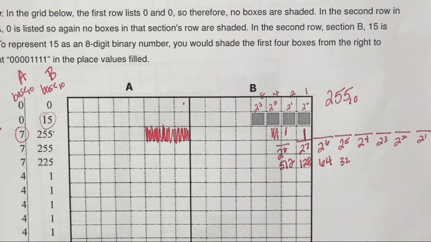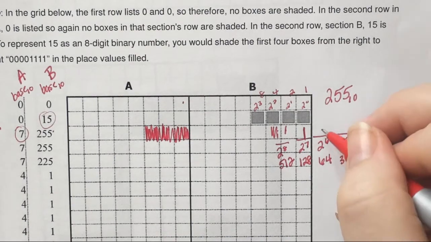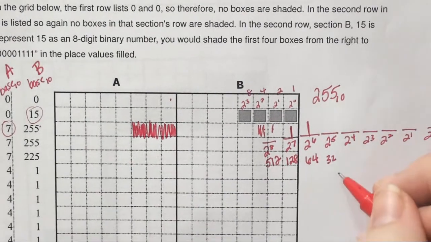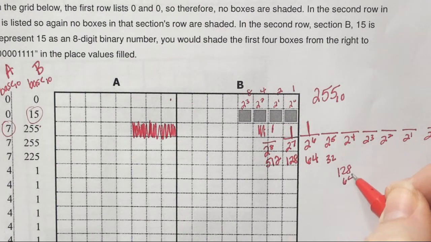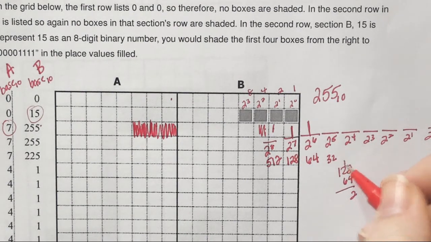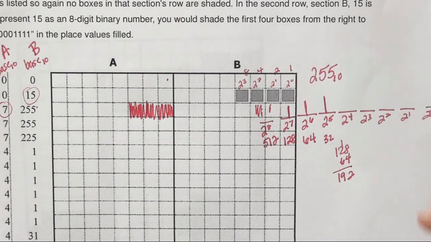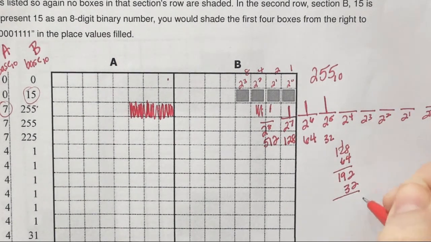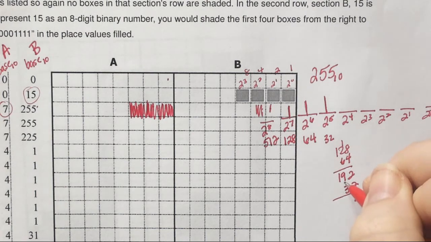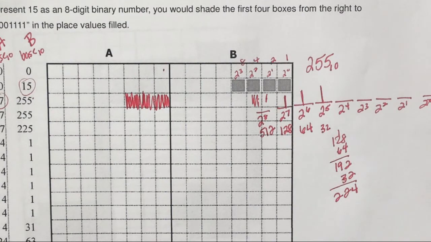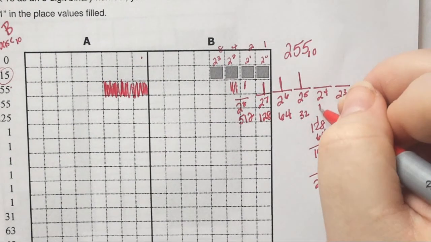And then I've got to add up to 255. So 128 plus 64 is 192. Still not quite there. I need 255. But add a 32. That's 224. Getting closer and still not quite there. Do I need 16?